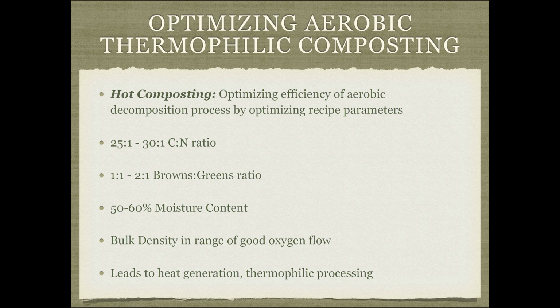The bulk density is technically the weight over volume, and that speaks to how compact or not compact it is, and so it speaks to the airflow that you can get through the pile. You don't want too much airflow because it's going to dry out, and you don't want too little airflow because then it is going to collect water and be compacted and become anaerobic.